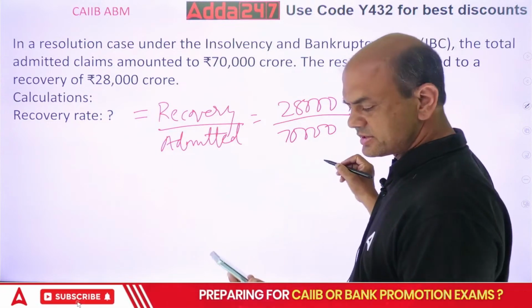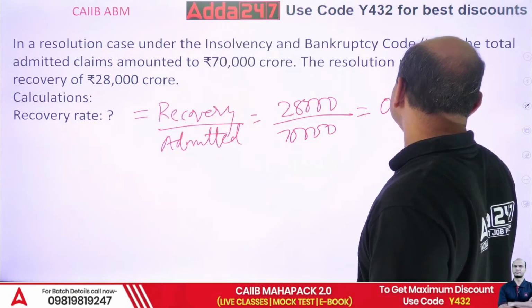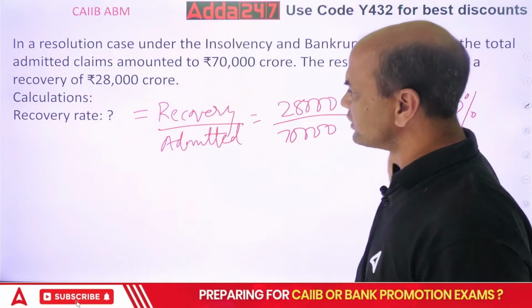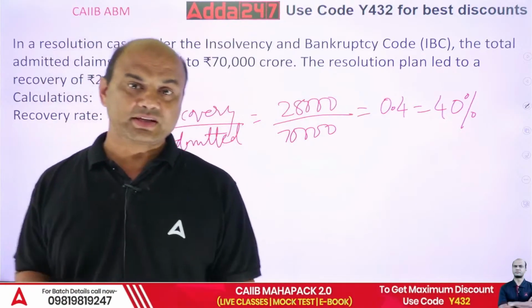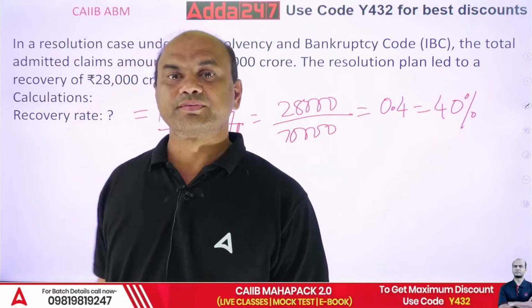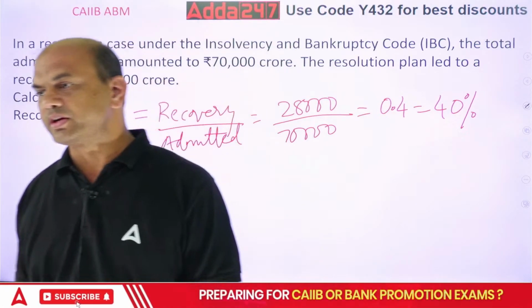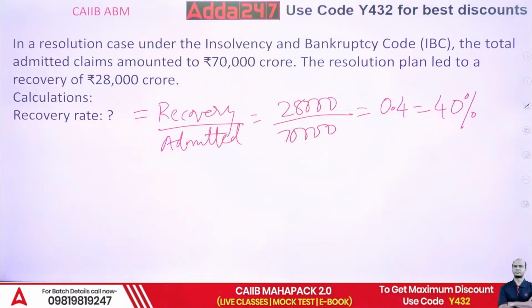What is the answer? 0.4. Or you can call it 40%. This is known as the recovery rate in stressed assets, as per the IBC. You are asked this question. Okay? Got it, everyone?